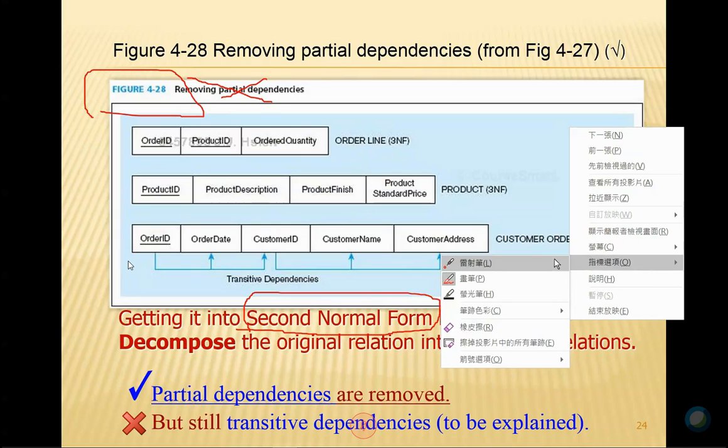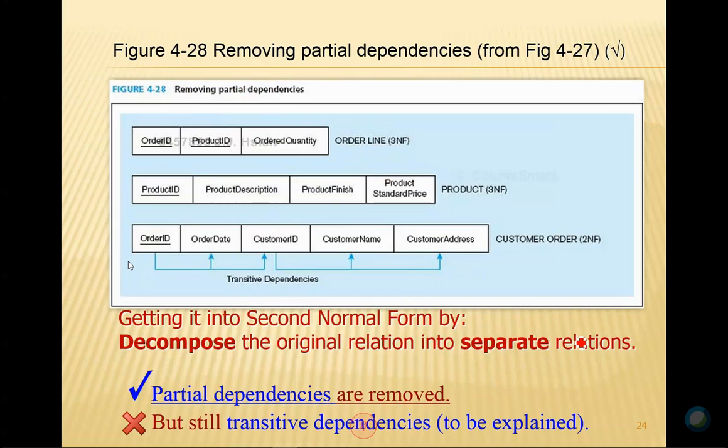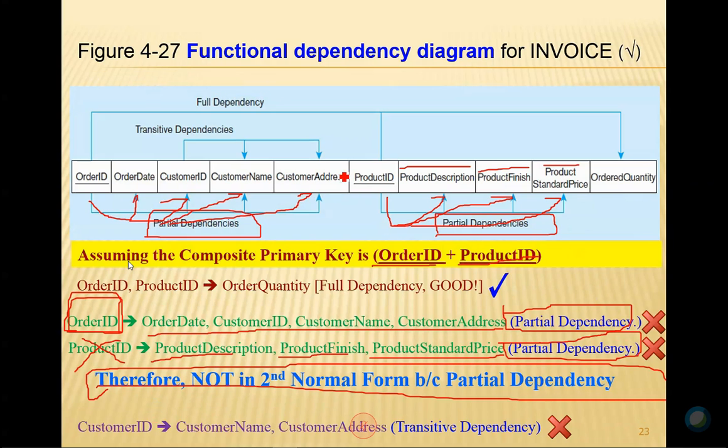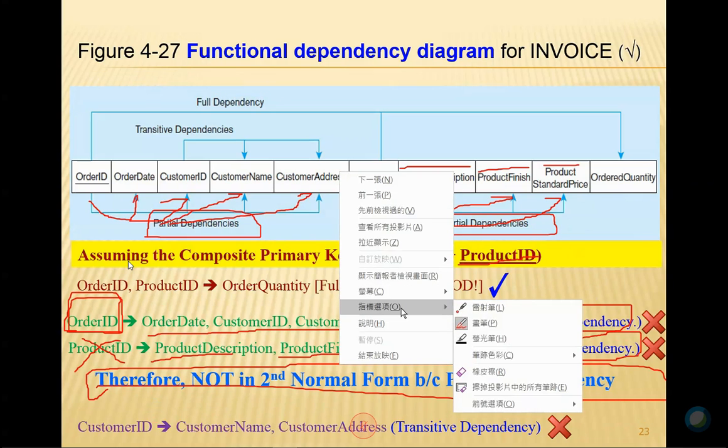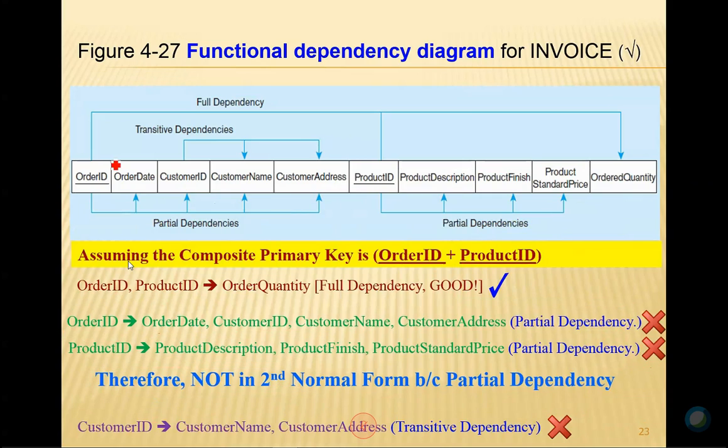So let me go back to slide 23. But still, there's another dependency. That's called a transitive dependency. That is, some attributes like customer name and address are determined by another attribute that is not part of the key.